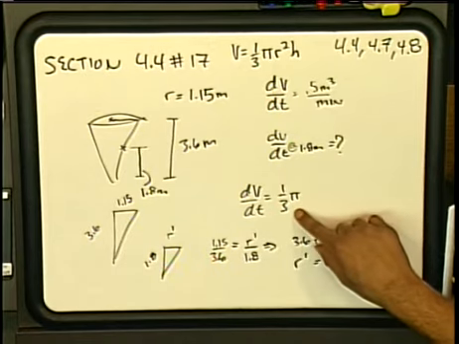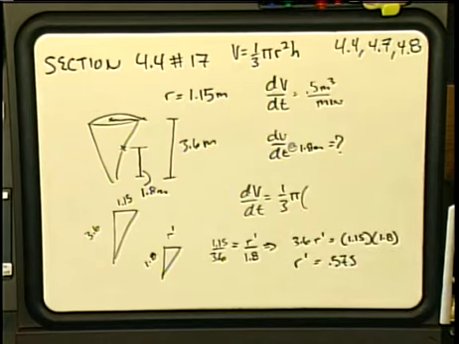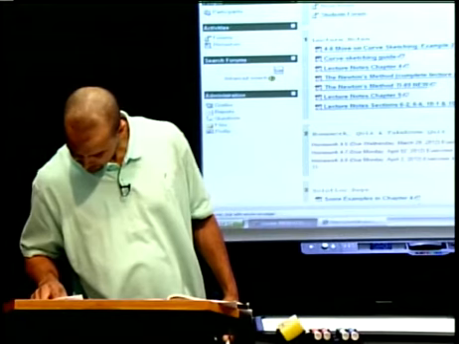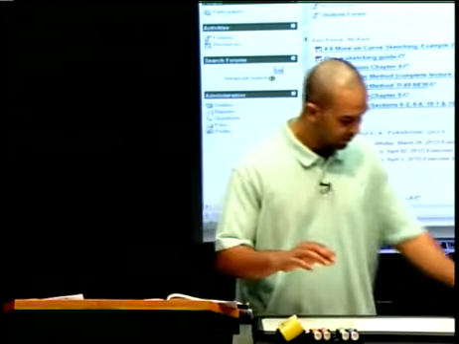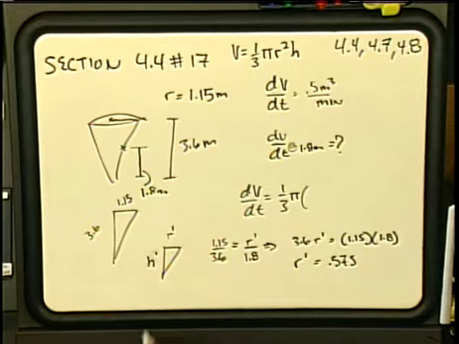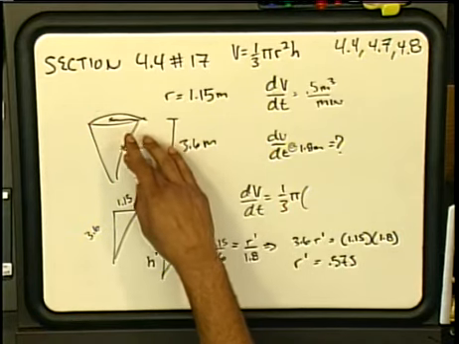One-third pi. If you leave that 1.8 out and have an H prime instead, you can solve it for any height.